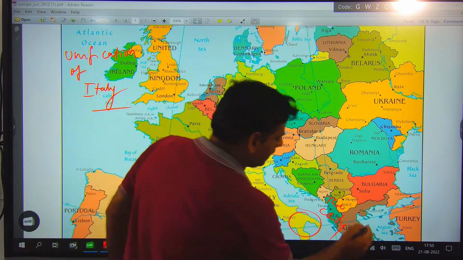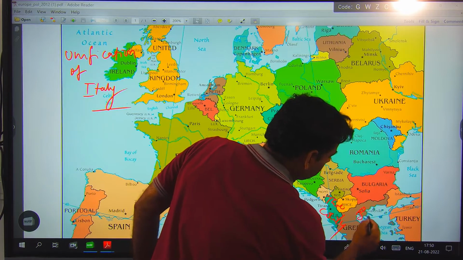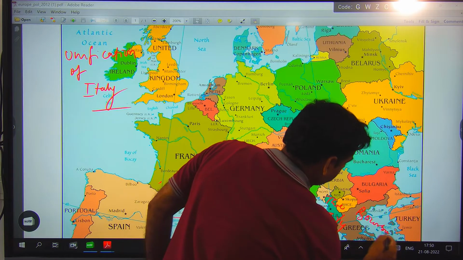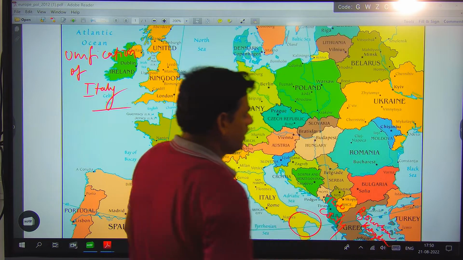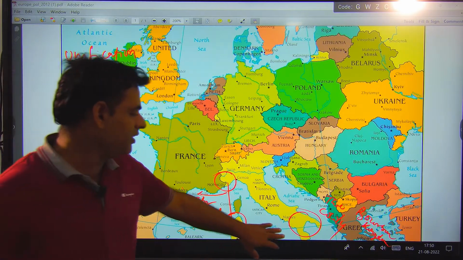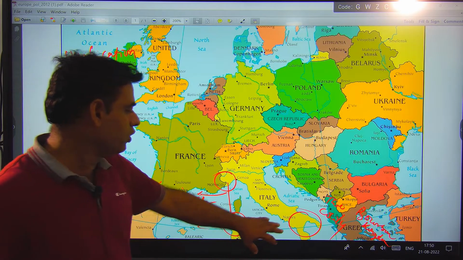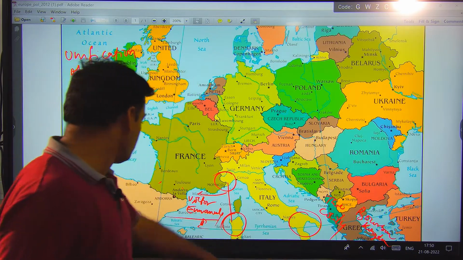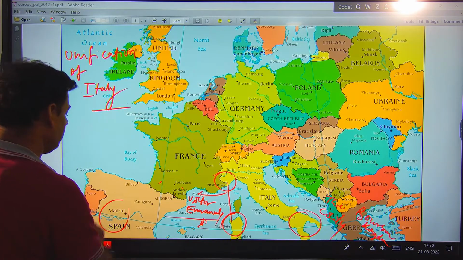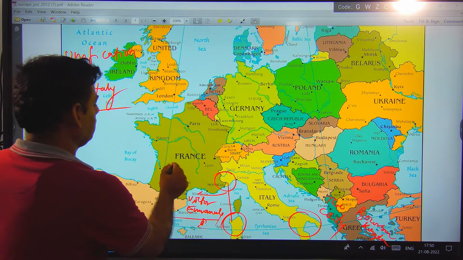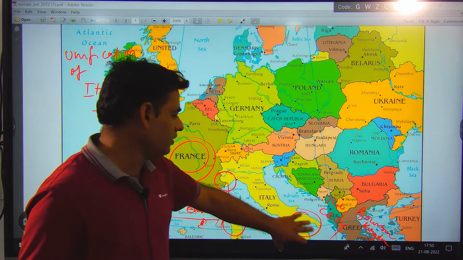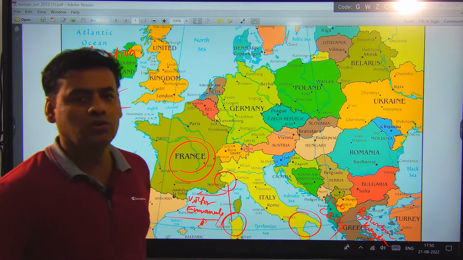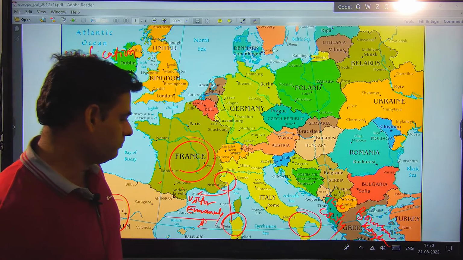This is ruled by the Bourbon kingdoms. This dynasty must be familiar to you, as it ruled Spain, it also ruled France and some parts of Italian territories. Those are the 2 kingdoms of Sicily.